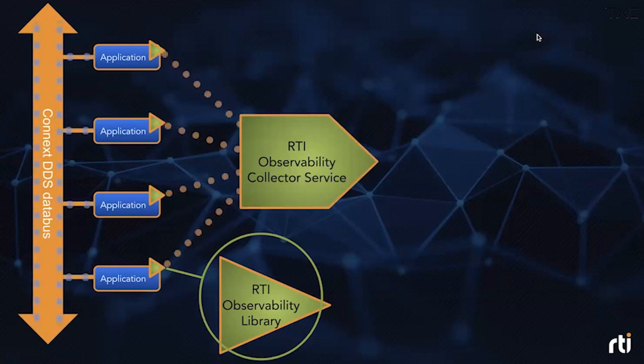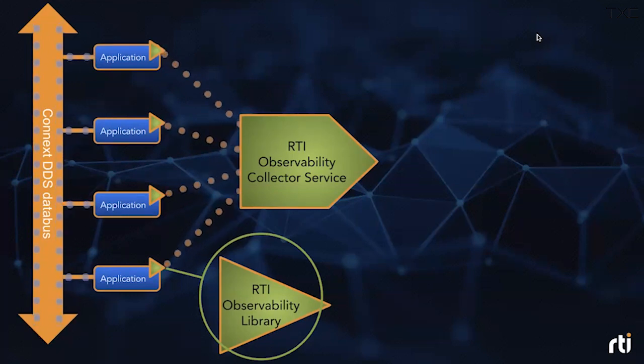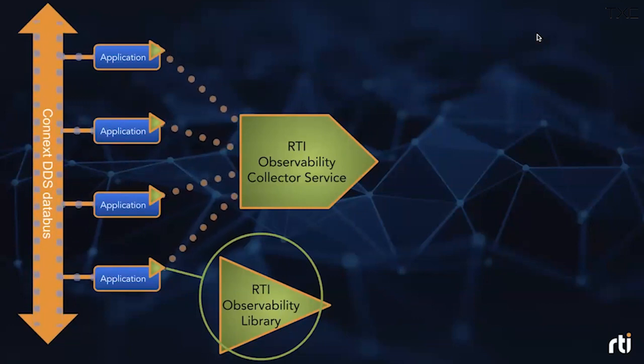Within each application, there's a library that's monitoring key statistics about performance over the network, for example, are there messages getting lost or messages that have to be resent. So every application has this observability library that's collecting data about its behavior and then forwarding that data to a collector service that you see here.